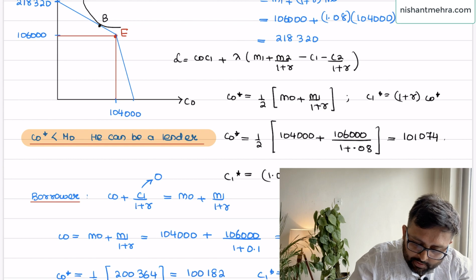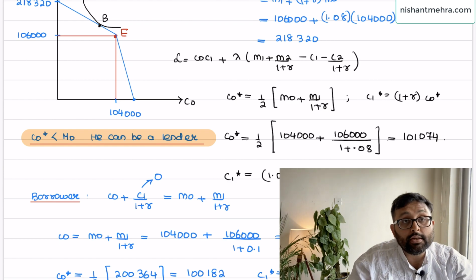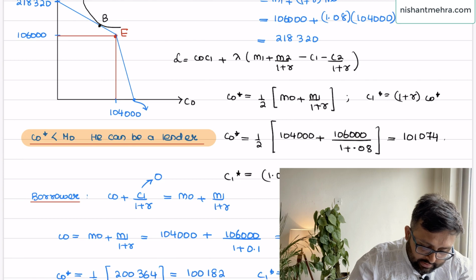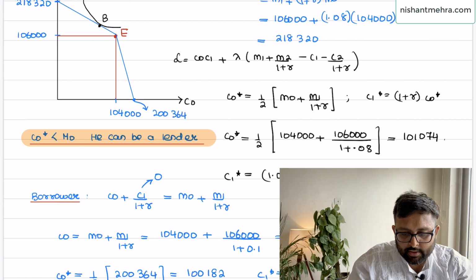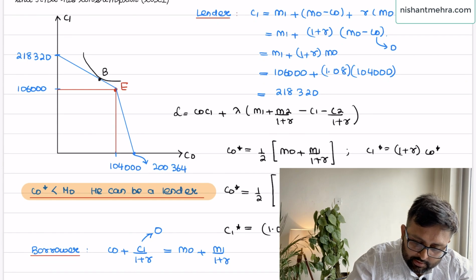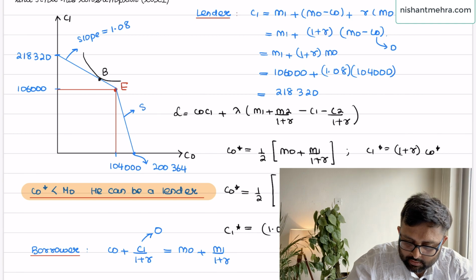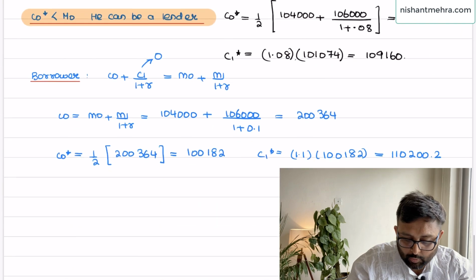It is going to be steeper because the slope here is 10%. In the lending case, the slope was 8%. This point is your 200,364. This is the lending case, so the slope is 1.08. This one, the borrowing case, slope is 1.1.